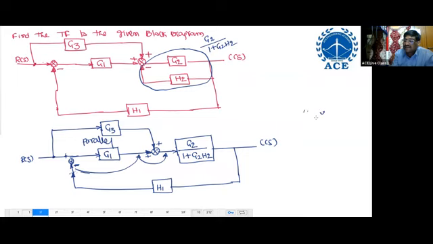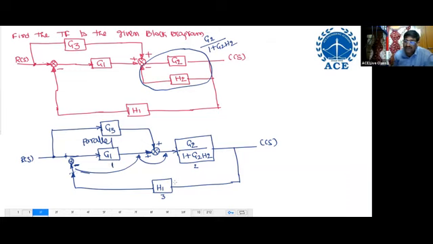Still the output, which block gain affected? H1 affected. Total how many blocks are there here? 1, 2, 3.